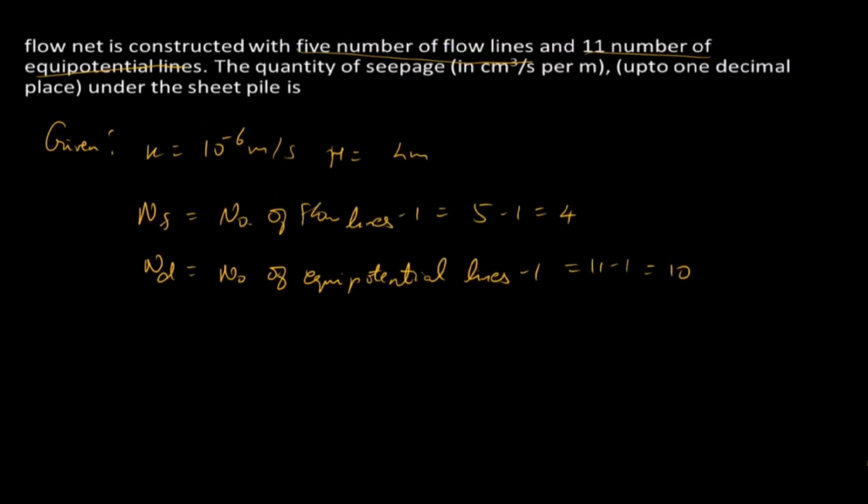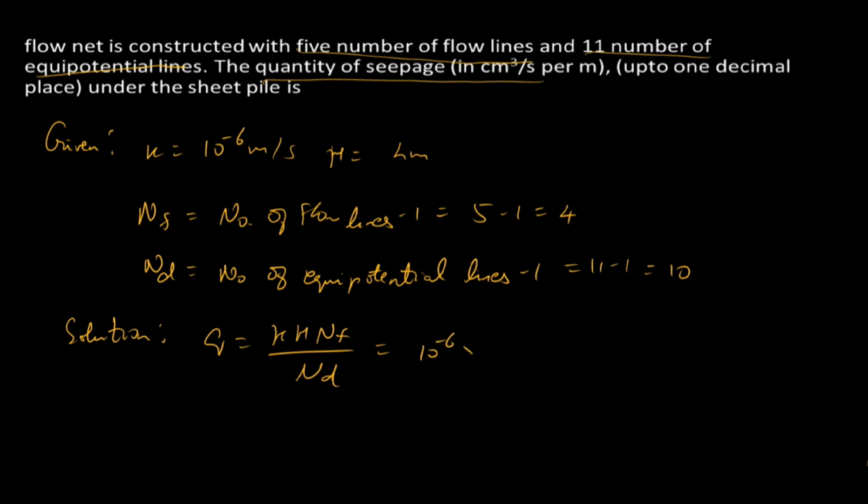They asked us to find out the quantity of seepage in centimeter per second. So Q equal to KH NF by ND. That is 10 to the power minus 6 into H 4 into NF by ND, which is 4 by 10, which gives 16 into 10 to the power minus 7 meter cube per second per meter.